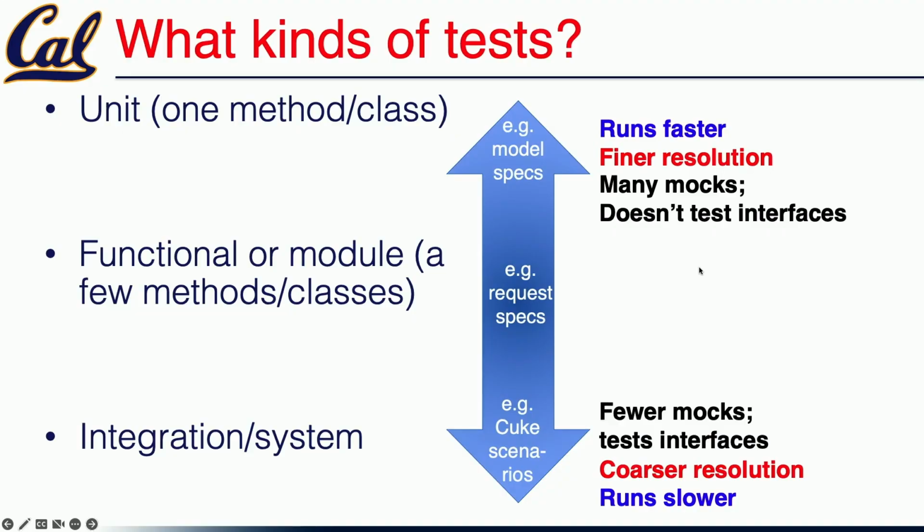So why is it that things like specs can have finer resolution? As we've seen, one of the reasons is that they can make generous use of different kinds of doubles, to fake out things to make the code go a certain way that would be awkward to do from the level of a scenario. The downside is that because you're faking out some of these interfaces to other classes or objects, those kinds of tests do not test whether the interfaces are sane.